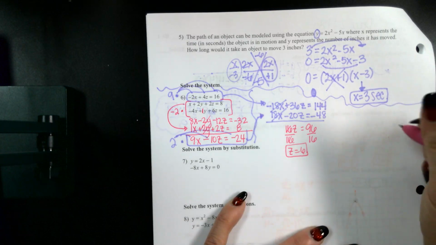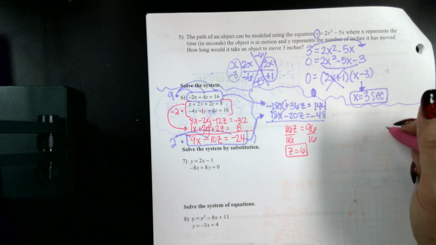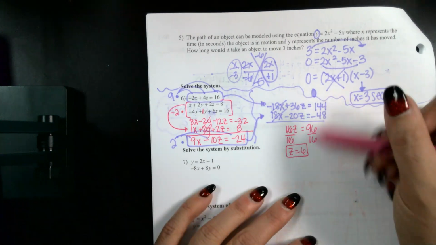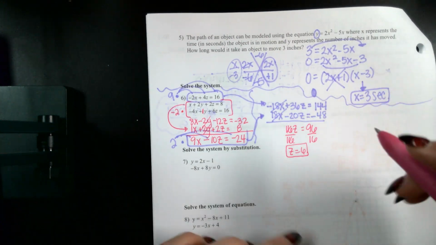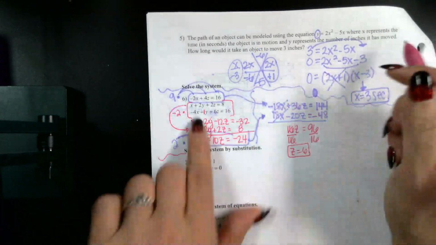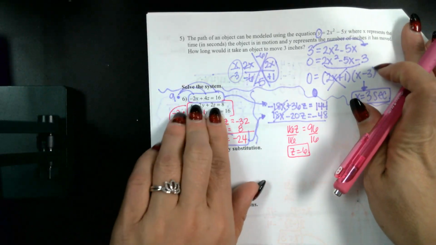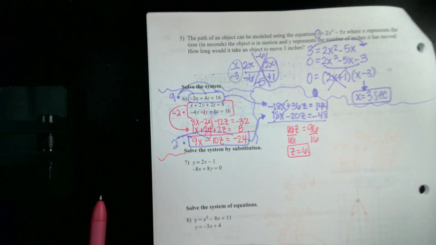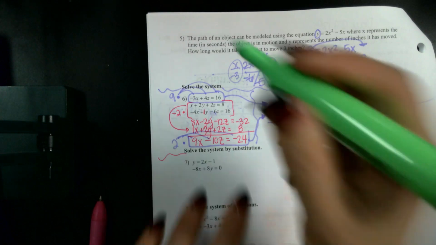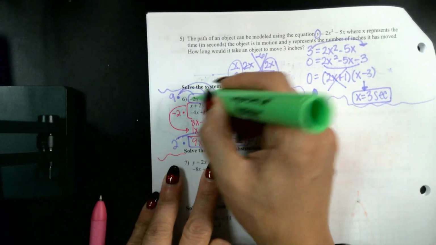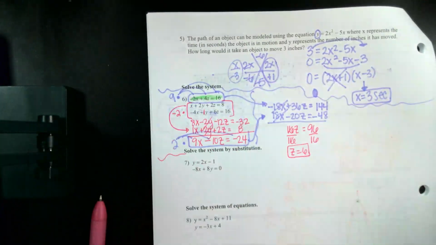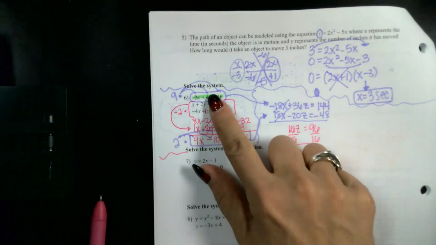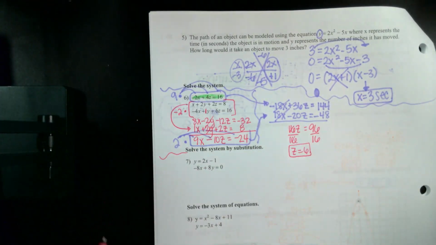Now the good news is once you have your first answer, to find the rest, it goes pretty quick, because you're just plugging these numbers in. So like, that top equation, this one up here, I'm going to highlight it actually. That top equation that said negative 2x plus 4z equals 16, I could go ahead and plug that 6 in where the z is, and I can solve for x.